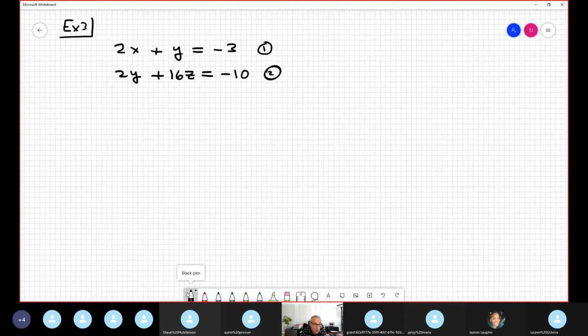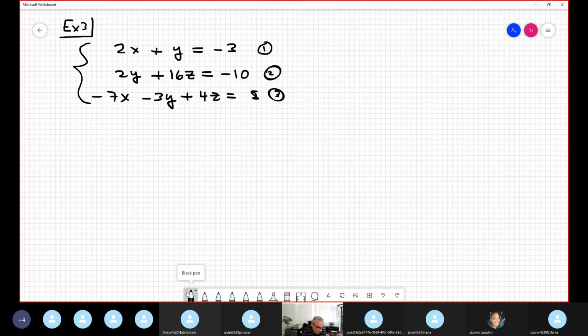And the third equation is -7x minus 3y plus 4z equals 8. Equation 3. Okay, this is the system. It's a little bit crazy because in the first equation z is missing, and in the second equation x is missing, and the third equation no. Everything is okay.